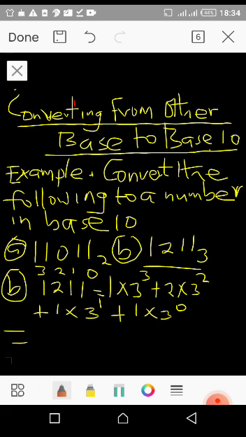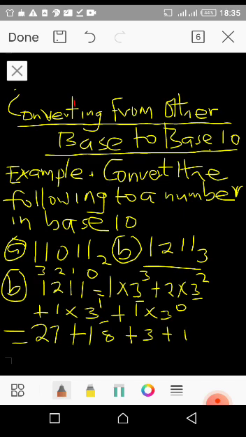So let's do that. 3 raised to the power 3 is 27, confirm that, and 27 times 1 is 27. 3 raised to the power 2 is 9, and 9 times 2 is 18. 3 raised to the power 1 is the same thing as 3, and 3 times 1 is 3. And of course, 3 raised to the power 0 is 1, and 1 times 1 is 1.